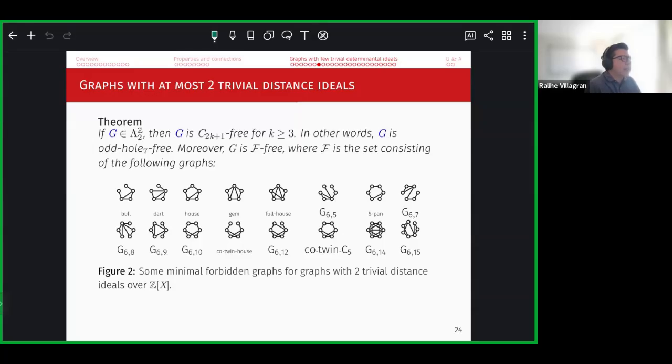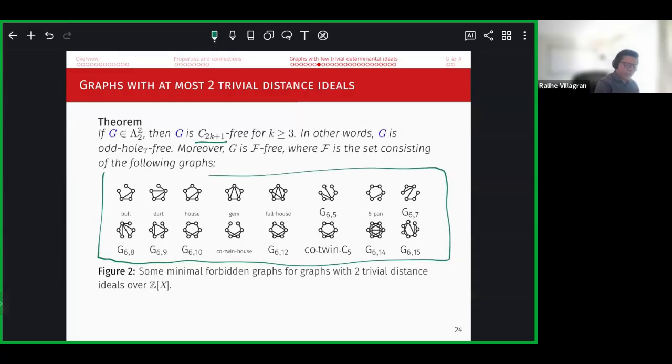The first one is that if a graph has at most two trivial distance ideals, then it shouldn't have any cycle of odd length greater than or equal to 7 as an induced subgraph. And also we know that it shouldn't have any of these SUV graphs.